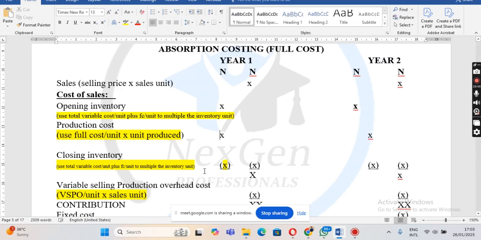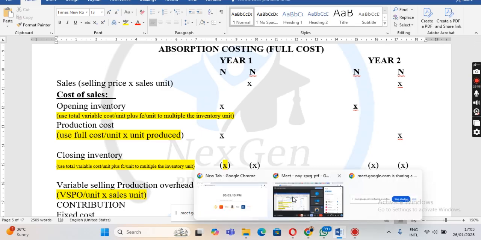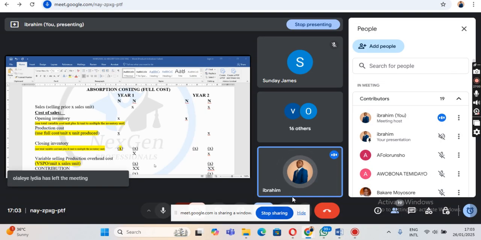You can see your opening inventory, class. I just want you to understand PM, because PM is very simple. I don't know why people say it's difficult. You can see the way we are moving, and that is how you see if you understand the way we start.